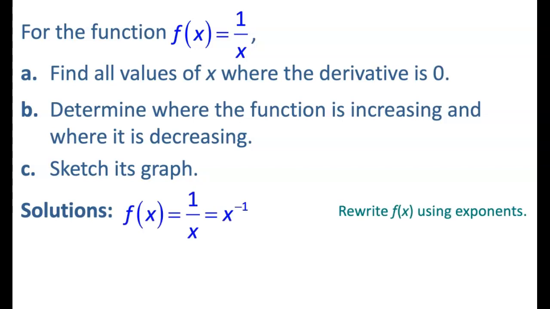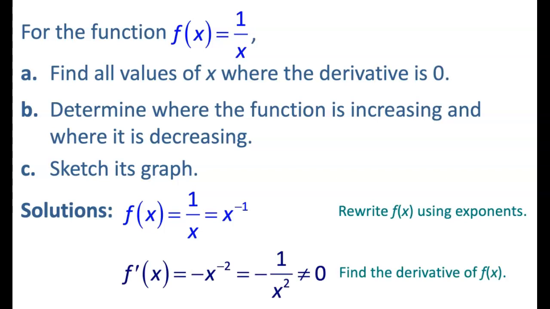All right, so in order to differentiate, it's easier if we rewrite f of x using negative exponents, so x to the negative 1, and we can just use the power rule. So f prime of x is just the opposite of x to the negative 2, which if you remember, negative exponents is really 1 over x squared.